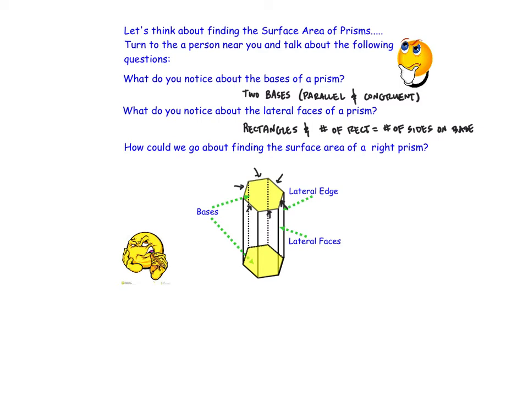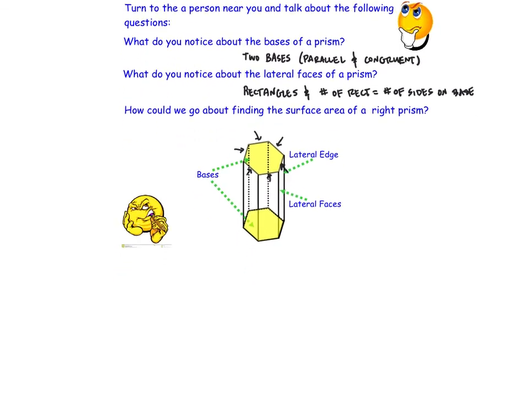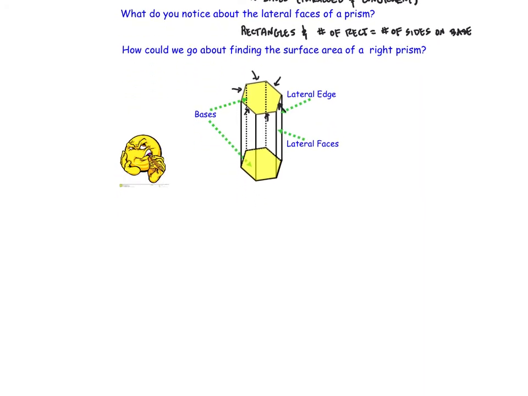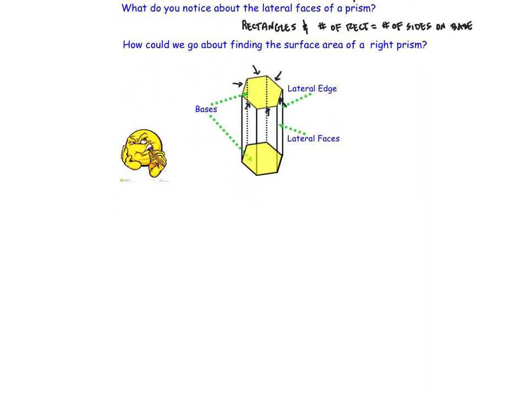So how could we go about finding the surface area of a right prism? Well, what I'm going to do is develop this by sketching out what's called a net. And we saw nets in our previous lesson. Okay, I'm going to sketch out my net by taking a hexagon. This is sketched by hand, so bear with me here.